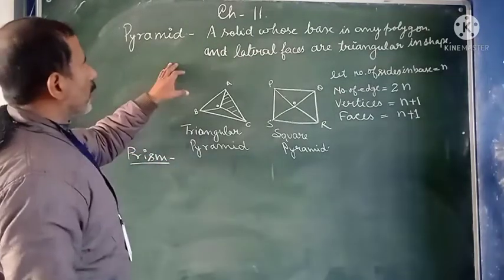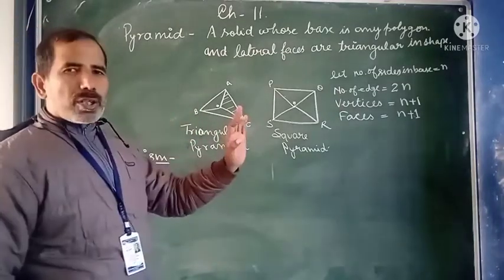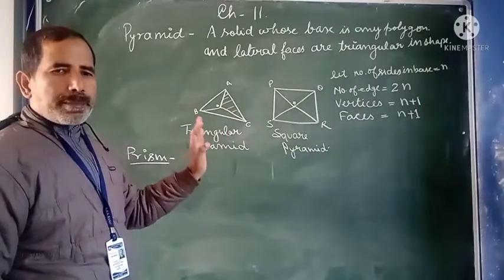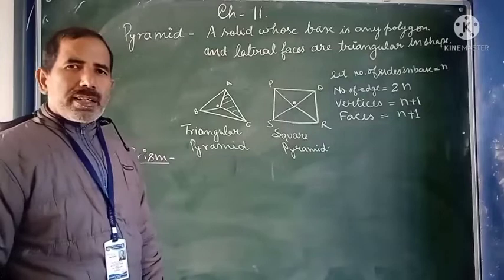Prism is also like the pyramid, a solid whose base is any polygon. It doesn't matter what it is, but the lateral faces are rectangular in shape.